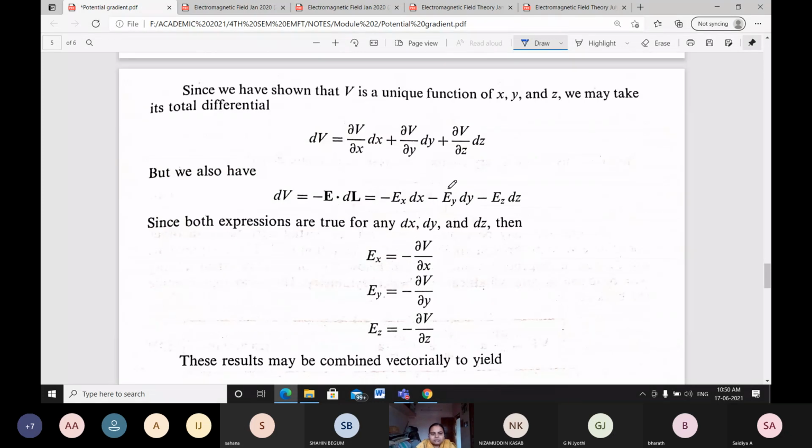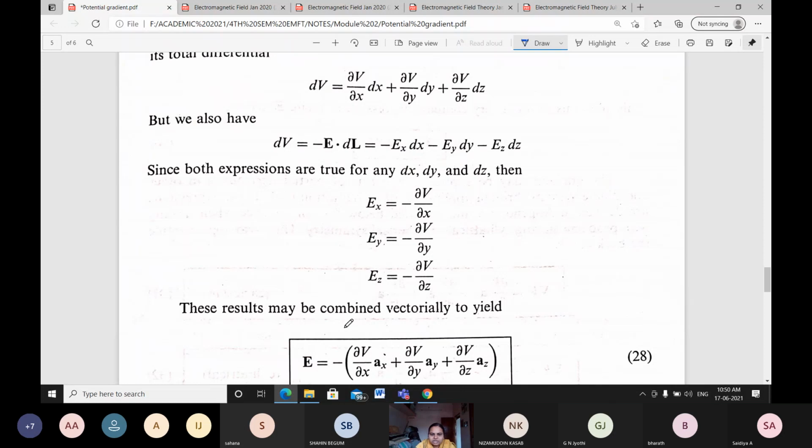Both expressions are true for all dx, dy, dz. Therefore, I can write Ex equals minus dou V by dou x, Ey equals minus dou V by dou y, and Ez equals minus dou V by dou z.